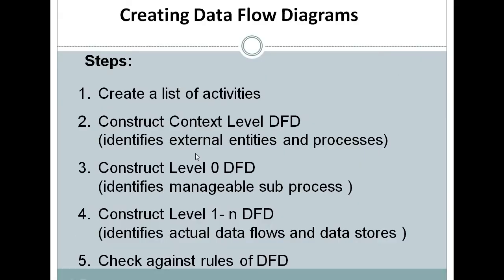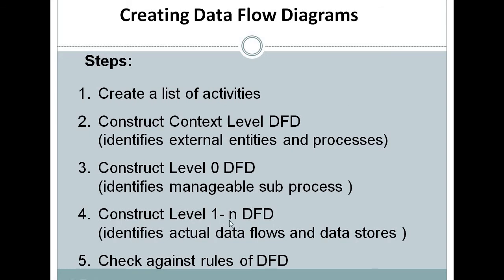Now, what are the steps for creating the DFD diagram? First, create a list of activities. Construct context level DFDs, which identify external entities and their processes. Construct zero level DFDs, which identify manageable sub processes.